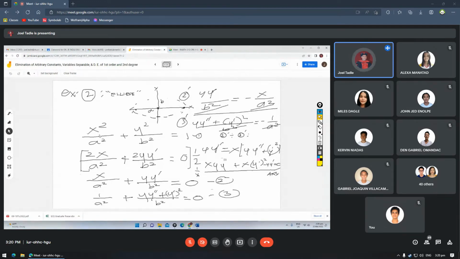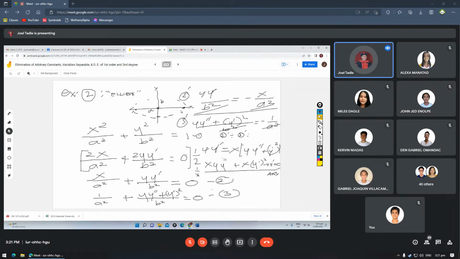So x squared over a squared plus y squared over b squared equals 1. Kung ang major axis naa sa y-axis, ug ang minor axis naa sa x-axis, ma-change ang constant. X squared over b squared plus y squared over a squared equals 1. Yan na siya.